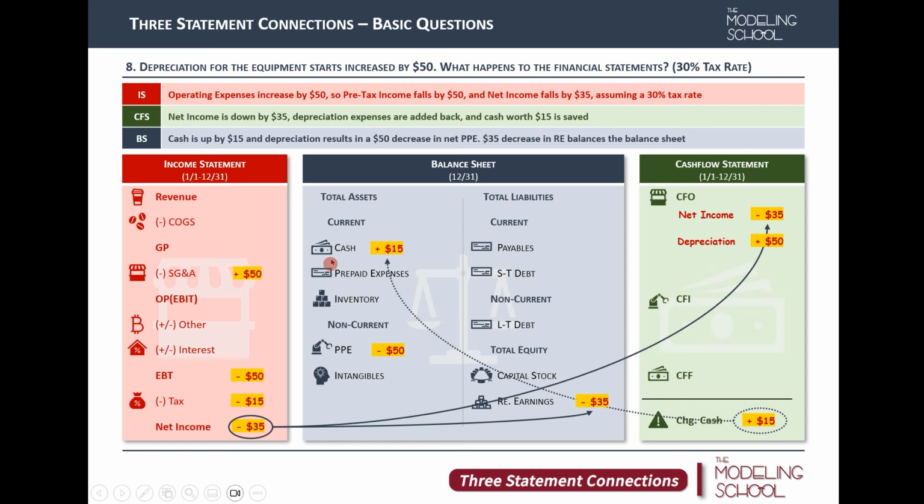Cash is up by 15, and depreciation results in a $50 decrease in net PP&E. Remember that in the balance sheet we always record PP&E or intangible assets on a net basis. And lastly, a 35 decrease in net retained earnings from a decrease in net income. As a result, it balances the balance sheet.